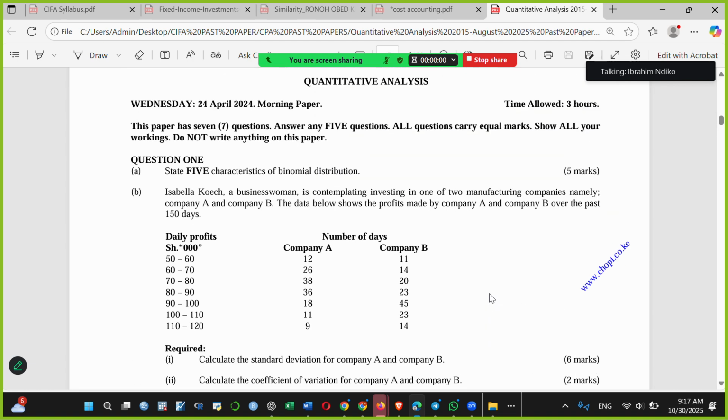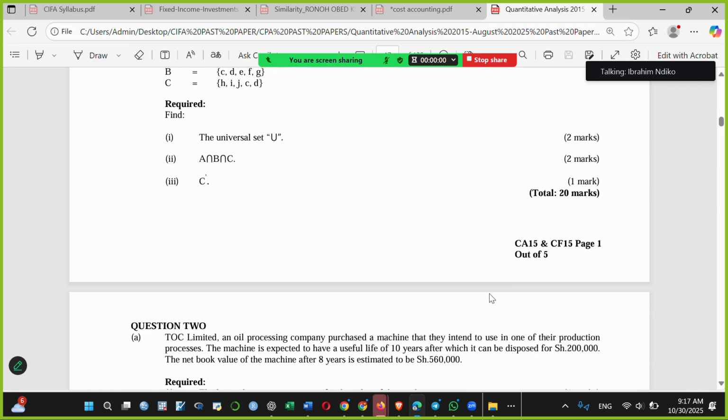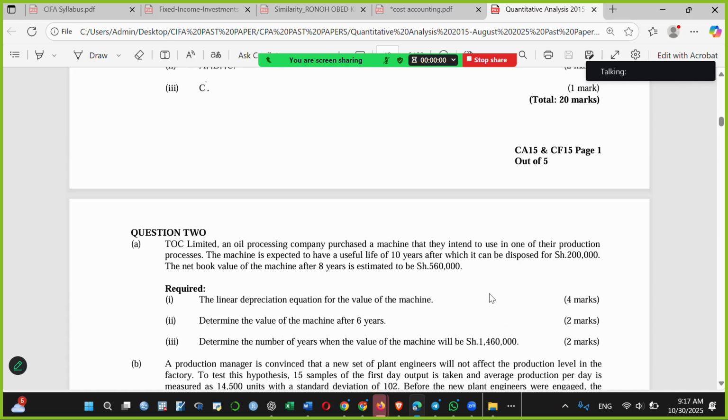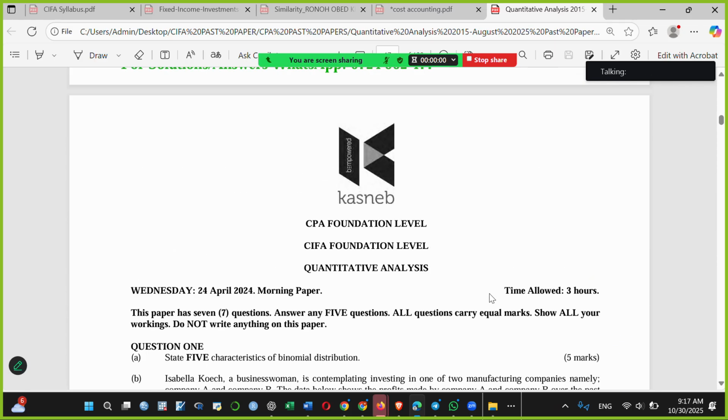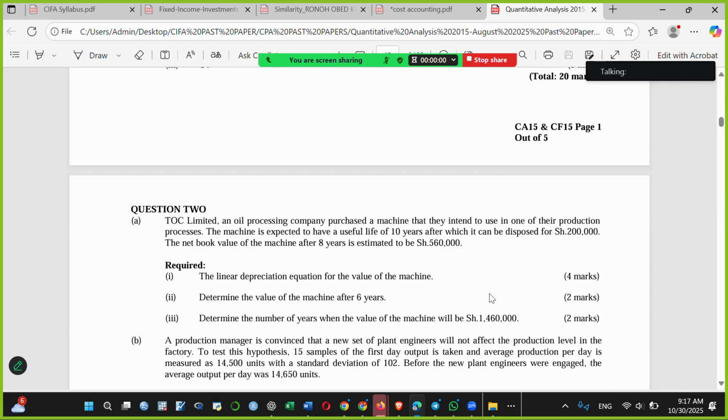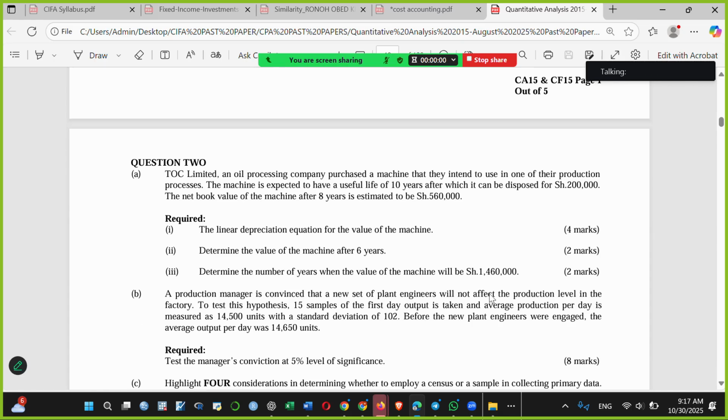So April 2024, there was no question. You can try question number 2A, April 2024. That one is application of function.